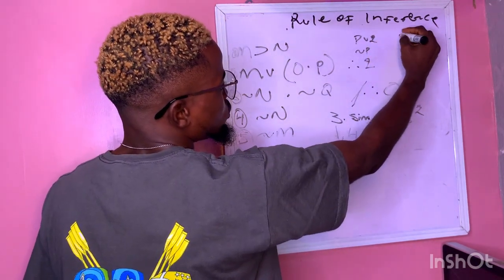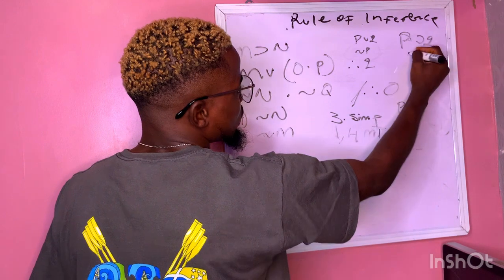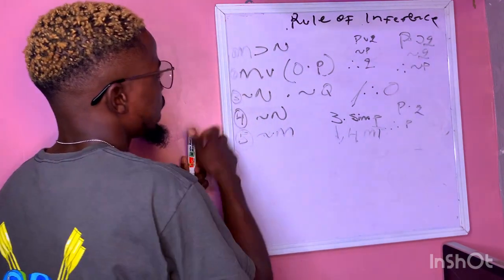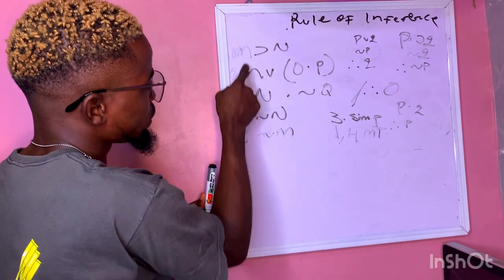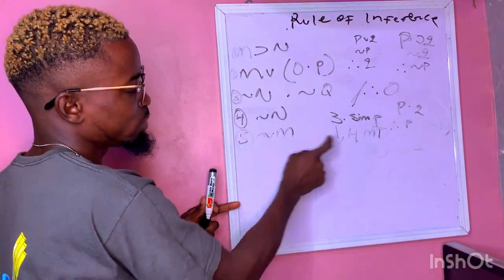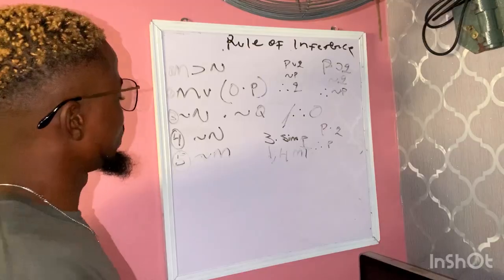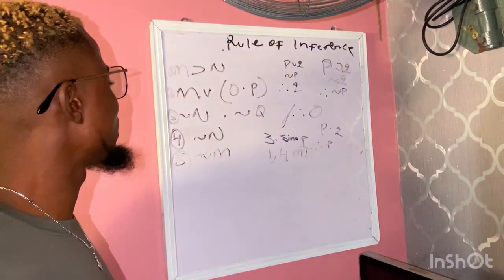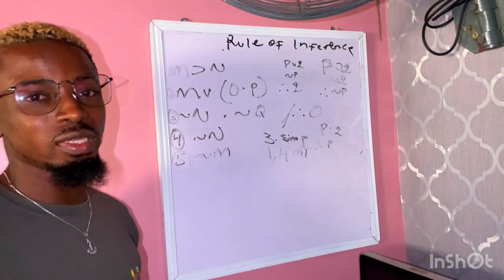P, modus tollens. P implies Q, negation Q, therefore negation P. M implies N, negation N, therefore negation M. So 1 and 4 MT. Since we already have negation M in our number 5 now, it's going to make it easy for us to get the O and P that we are looking for.